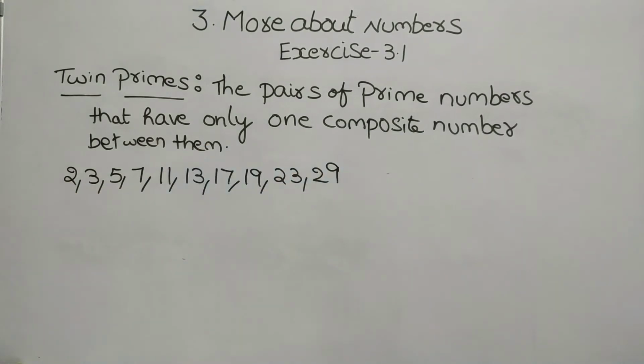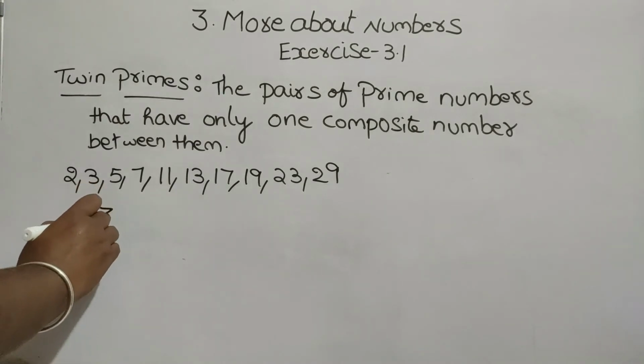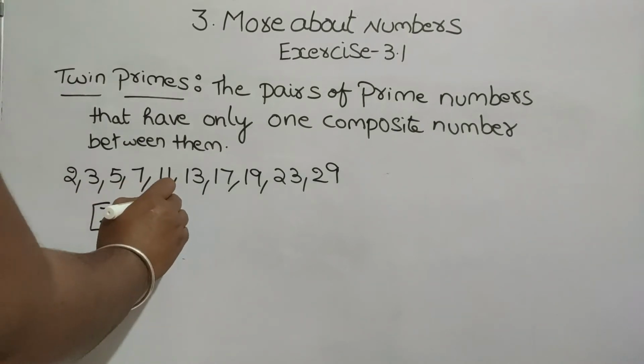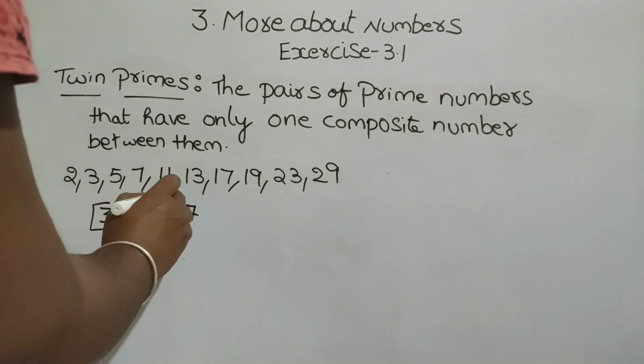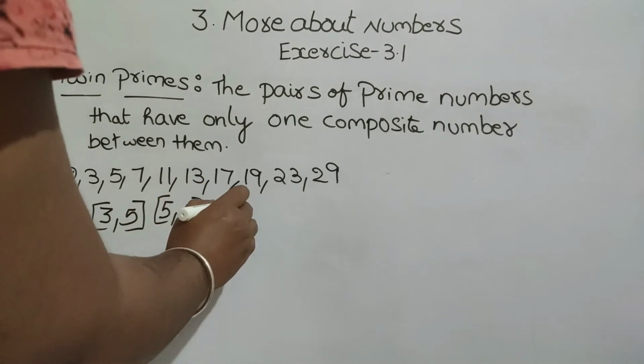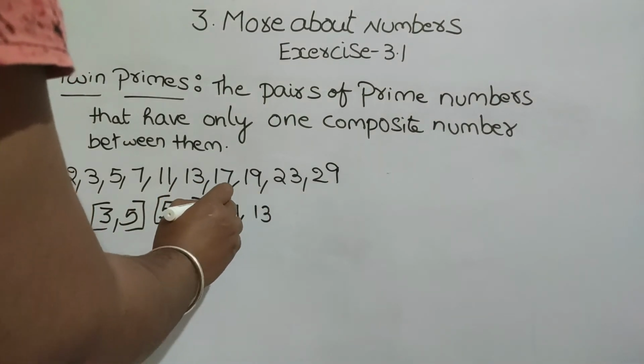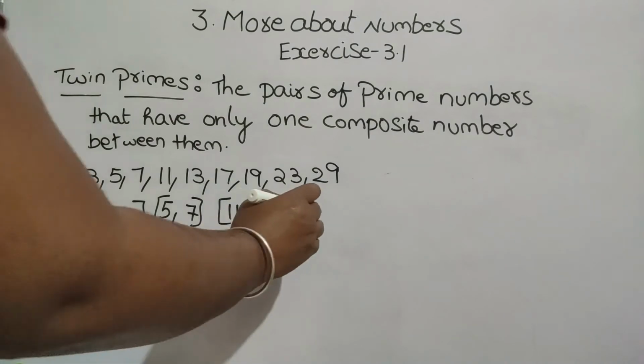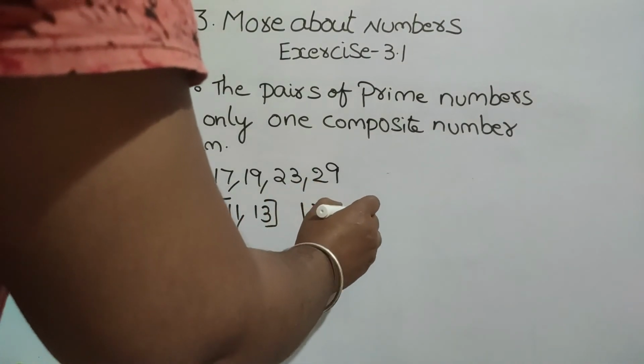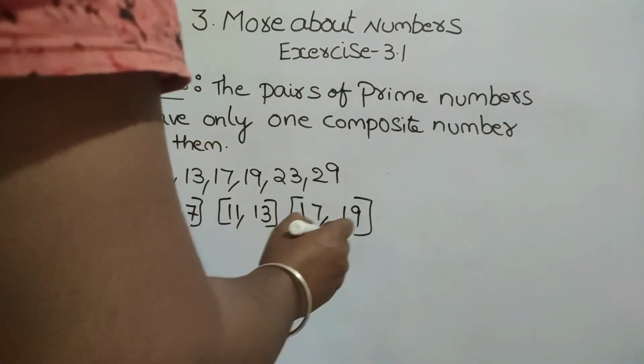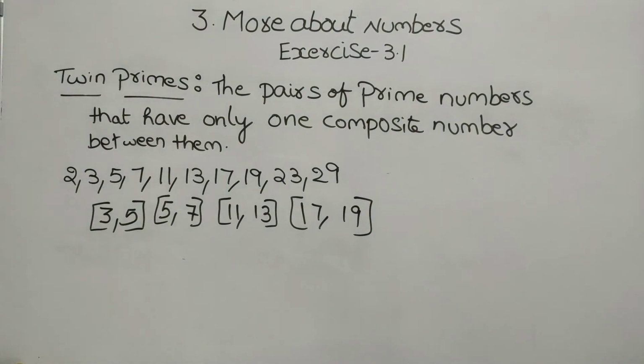Which pairs have one composite number between them? 3, 5, we have 4 in the middle. 5, 7, we have 6 in the middle. 11, 13, we have 12 in the middle. 17, 19, we have 18 in the middle. So these are the twin primes between 1 and 30.